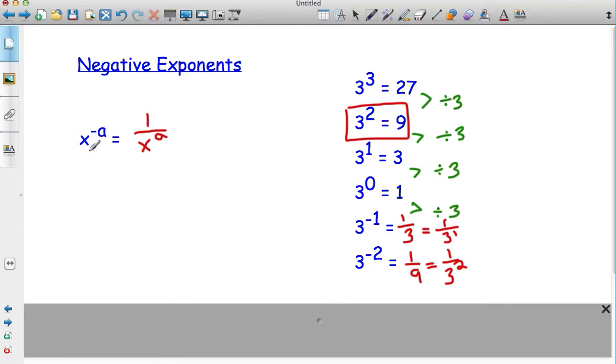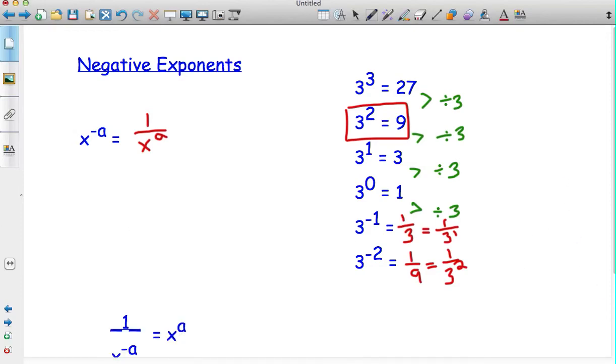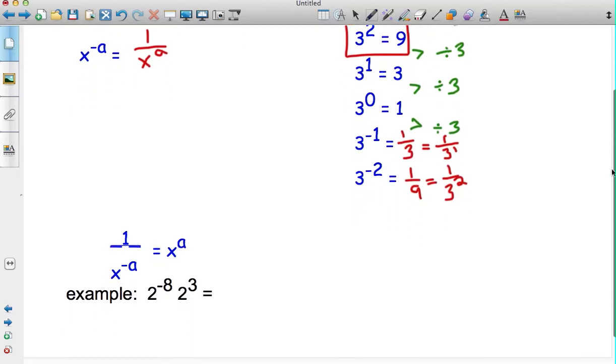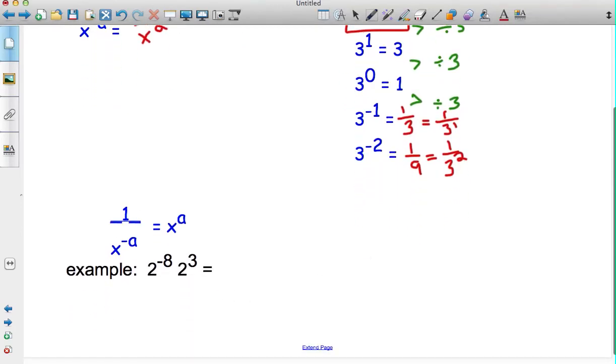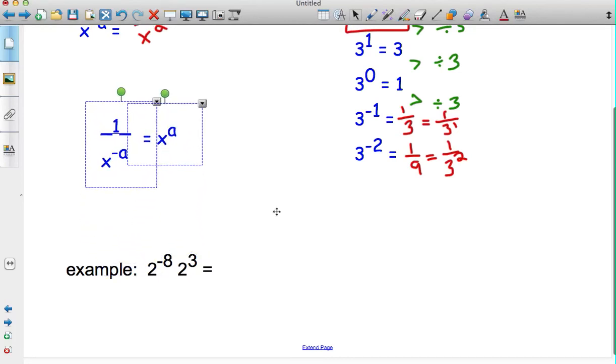If you start with a fraction, it ends up flipping the fraction upside down, and we'll do some more practicing with that as well. Take a look at this example. The second rule here is if you start with 1 over a negative exponent, it actually flips it up, and that ends up being a positive exponent.